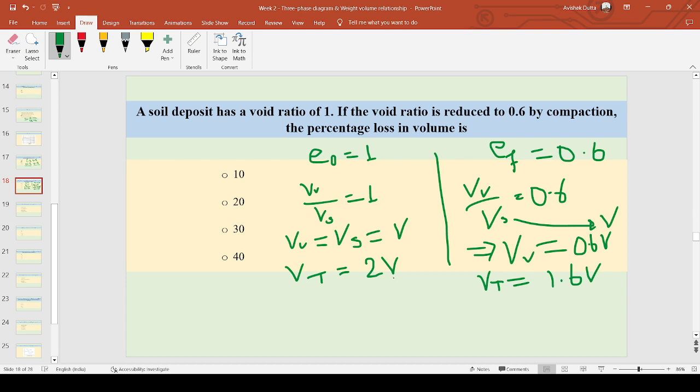Total volume is 2V. In this case, Vs equals V. So Vv equals 0.6 V, isn't it? Because Vv equals 0.6 Vs, and 0.6 Vs means 0.6 V. So if I write total volume, that means volume of solids, that is V, plus 0.6 V, because V is the volume of soil solids and 0.6 V is the volume of void, isn't it?